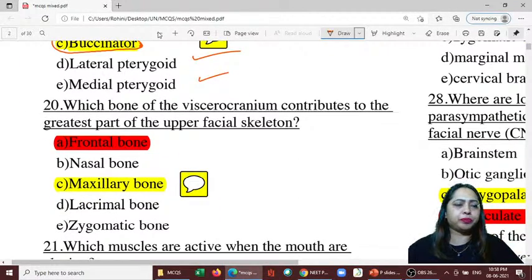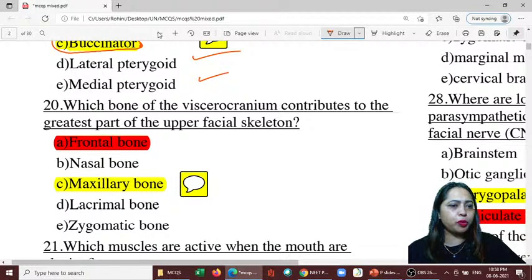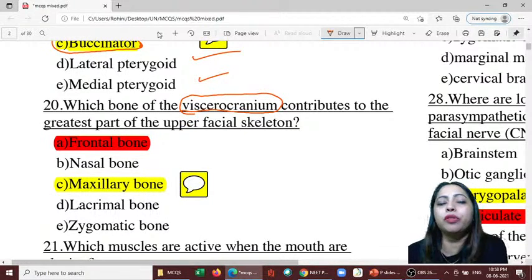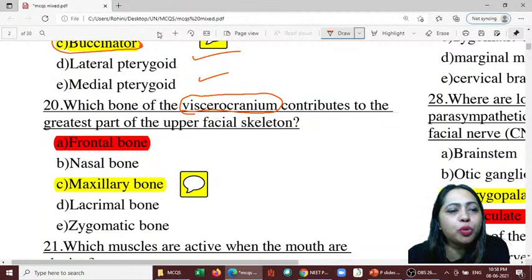Next one, the 20th one. Which bone of the viscerocranium contributes to the greatest part of the upper facial skeleton? Now we are talking about the facial bones that form the face.